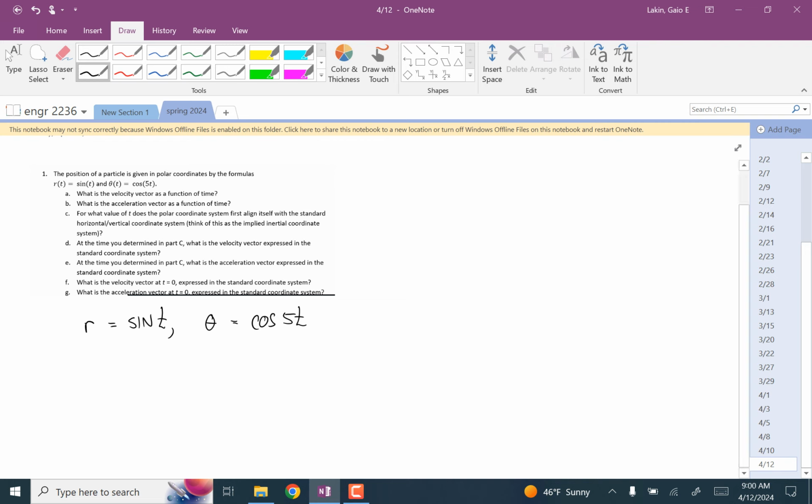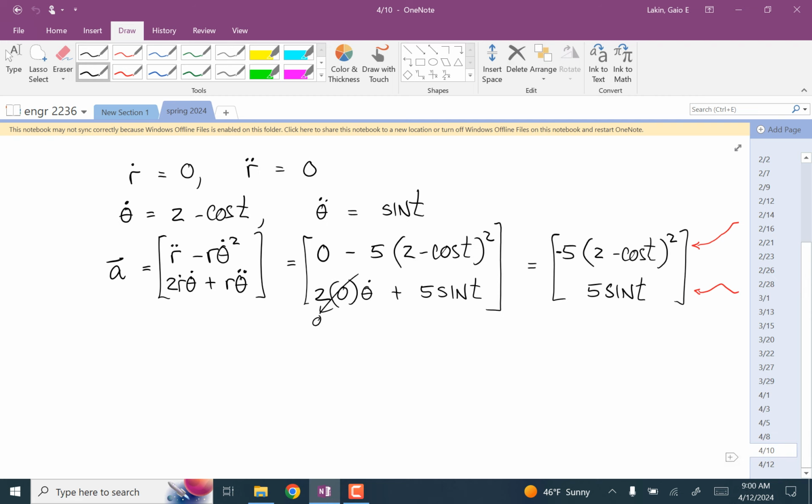So let's see. First, we want to calculate the velocity. I don't have it, well, I have it from before. I would have to derive this again too. Okay, so.